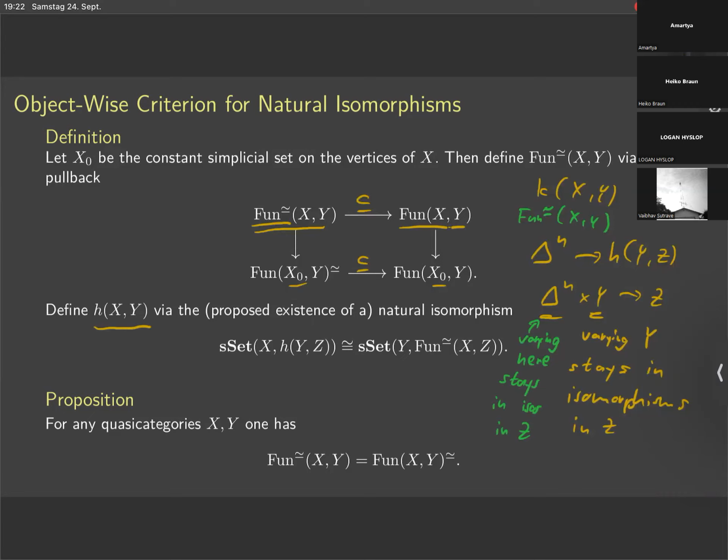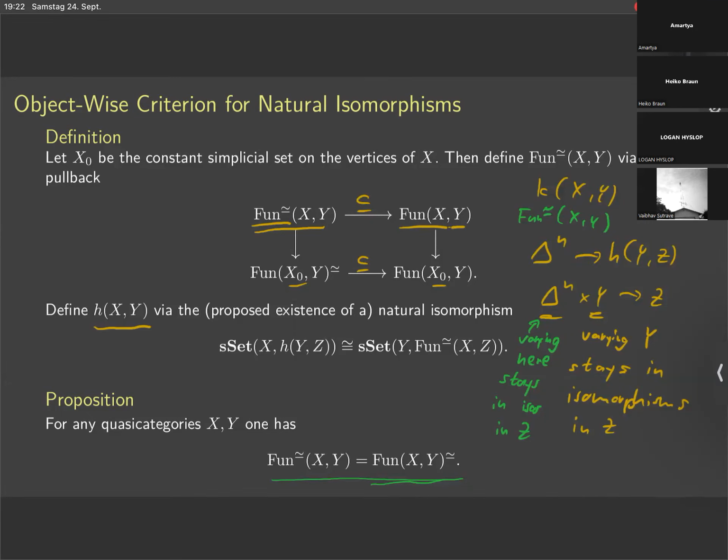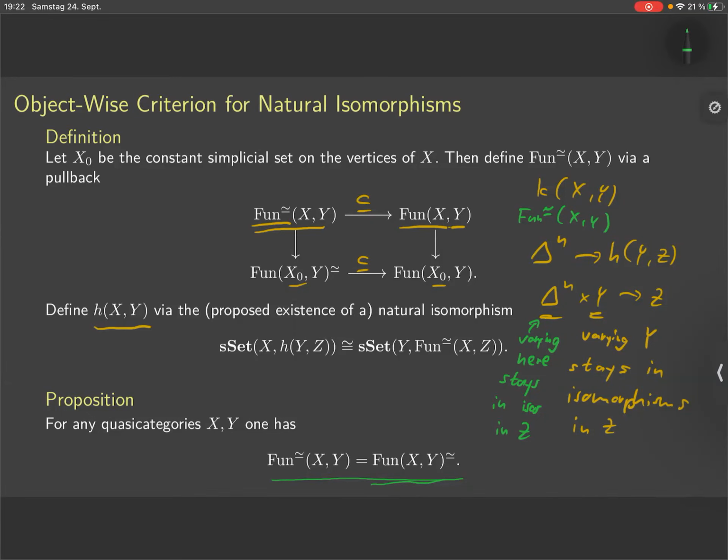Okay, and now, what we really want is that for any quasi-category x and y, we have such an equality. This is what we want, namely the actual isomorphisms. So the isomorphisms, those natural transformations that are contained in the biggest Kan complex in the functor category, are the object-wise isomorphisms.